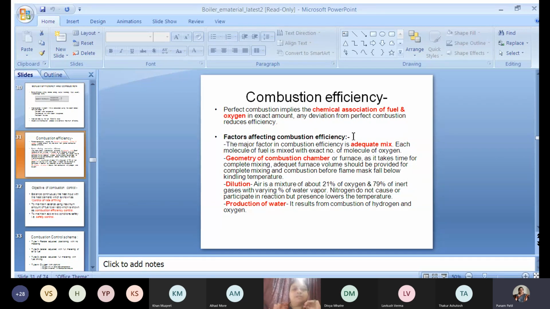So there is not a proper mixing. So what we require is proper mixing of air and fuel before the flame ignites in the furnace. So adequate mixture must be available.